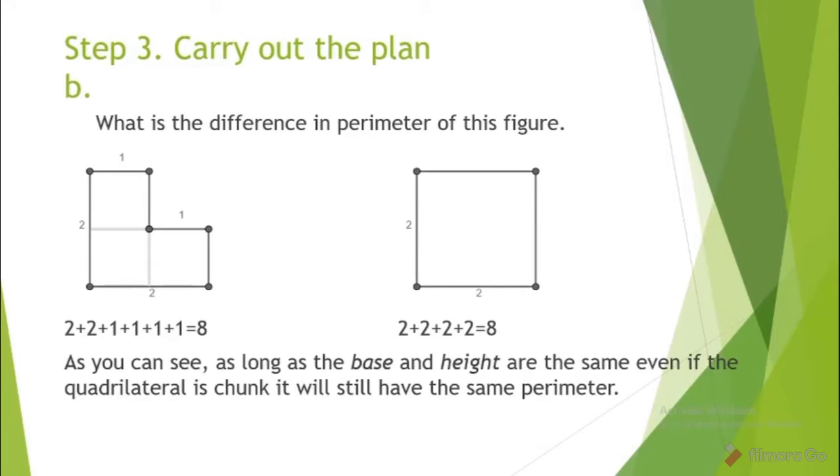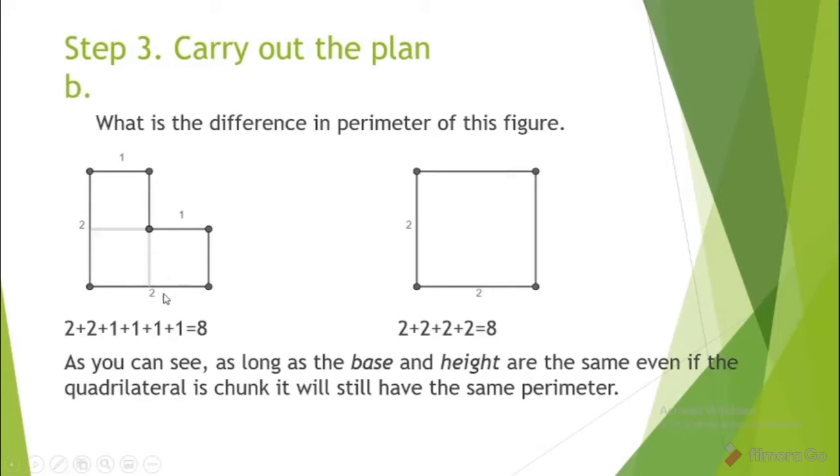So sa question B, what is the difference in perimeter of this figure? Before we answer yung perimeter ng 25th figure, look at this figure first. Makikita natin yung 2 by 2 perfect square dyan. Tapos, itong parang pa-L na figure.